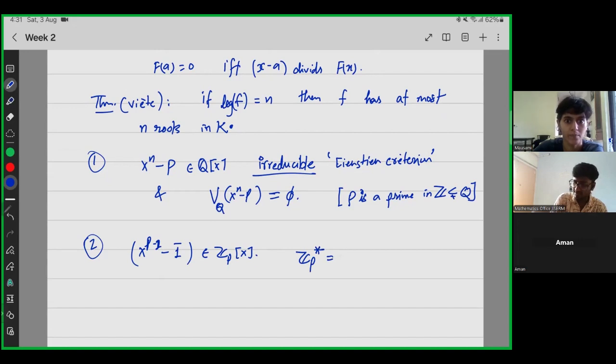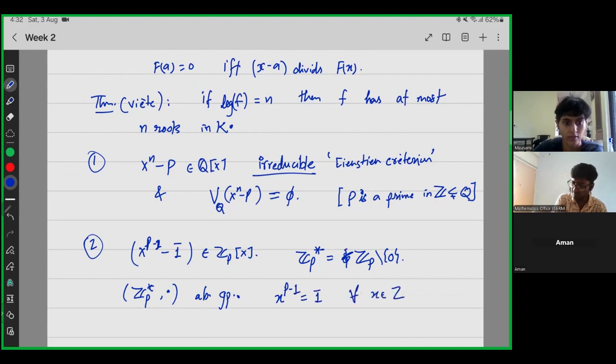Z_p star, that is, Z_p minus 0, because Z_p is a field, with multiplication is an abelian group. So by Lagrange's theorem in group theory, every element satisfies this relation: x to the power p minus 1 is equal to 1 bar for every x belonging to Z_p star, right?